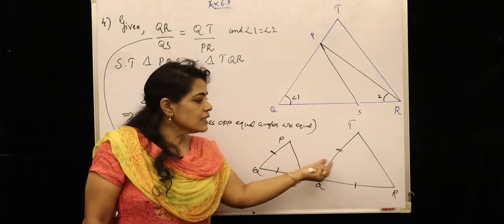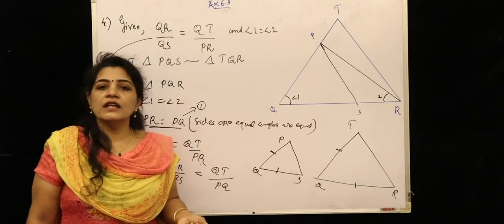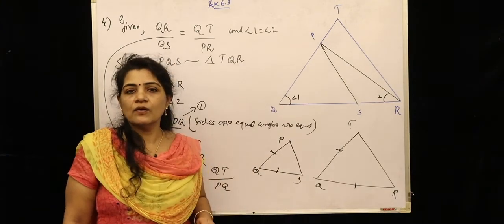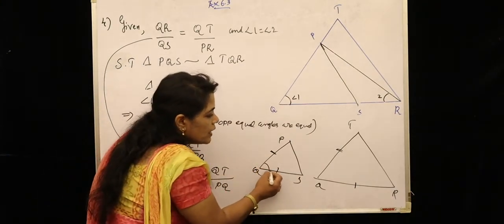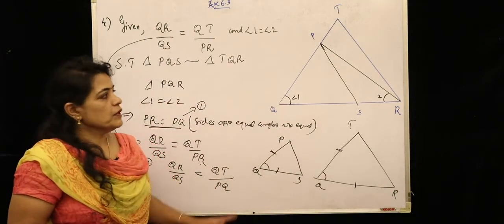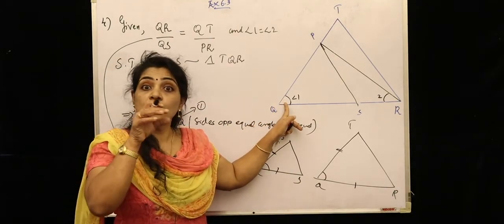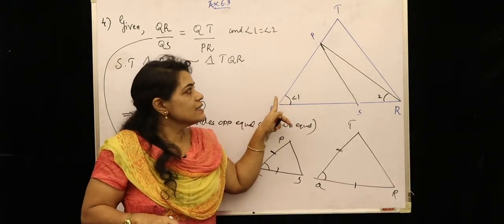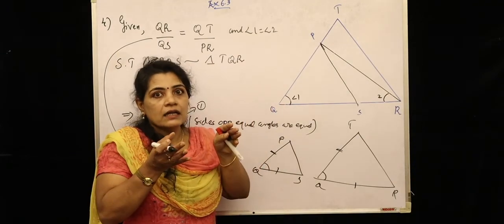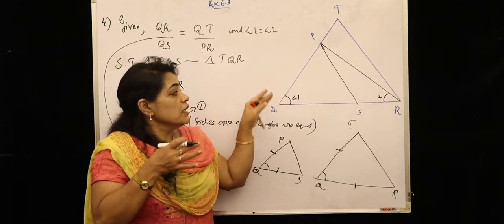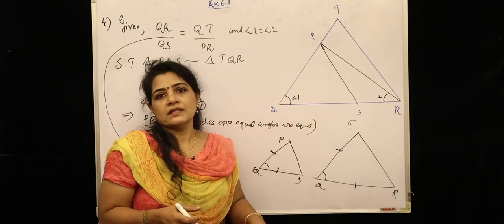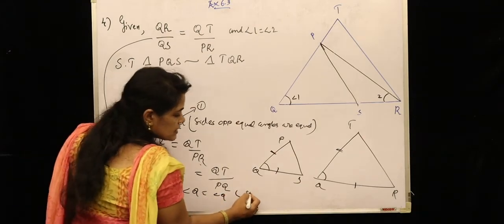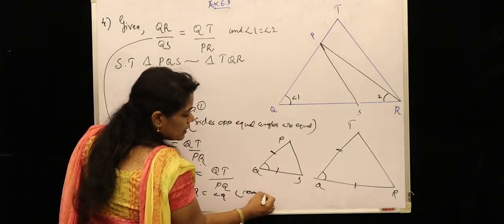And what else do we need in order to say that these two triangles are similar? We need only the angle included by these two sides. That means angle Q and angle Q, because this angle Q is for both triangles. This angle is common to TQR and also PQS. So angle Q equals angle Q, reason: common angle.